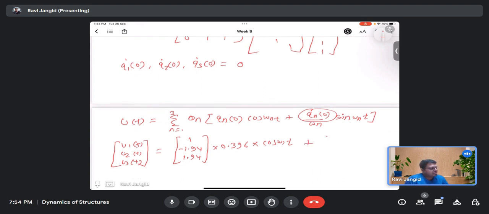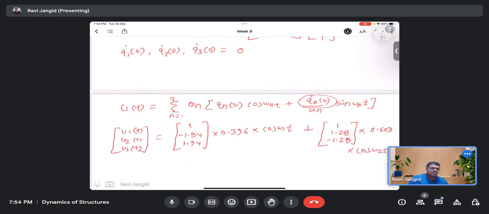So for the second mode, it would be 1, 1.28, -1.28 times q2(0), that is 0.6031, into cos omega 2 t. Is there anything else that would be there?